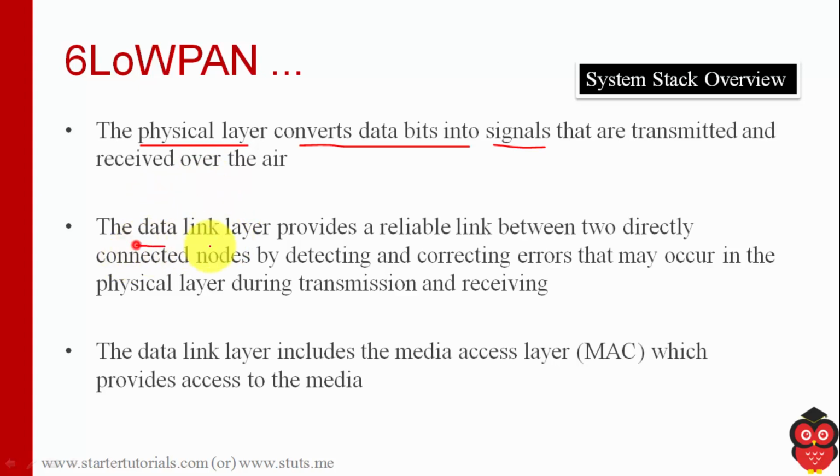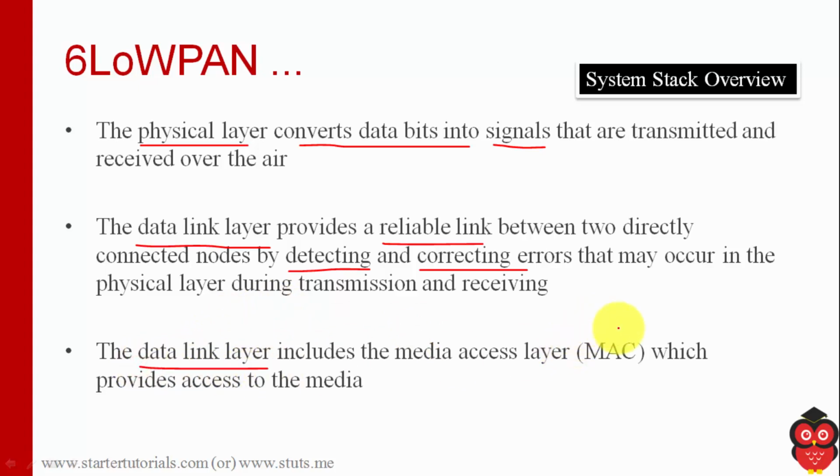The data link layer's responsibility is to provide a reliable link between the communicating nodes by providing error detection as well as error correction. When the bits are moving through air, maybe some bits might get lost. Such things are called errors. Those errors will be detected, and the data will be requested again.